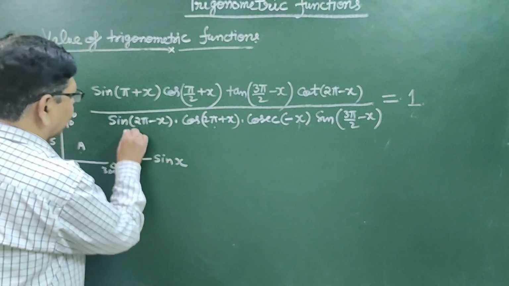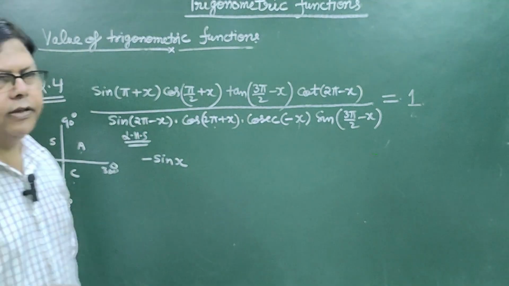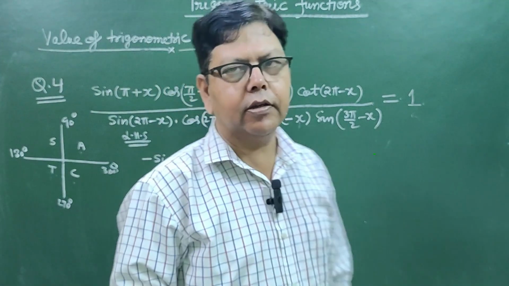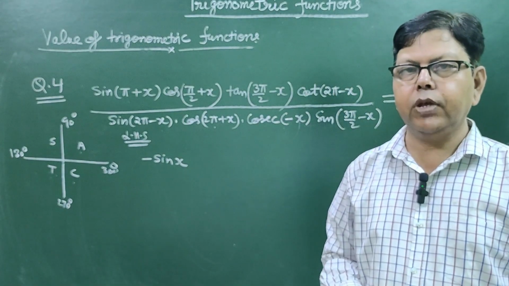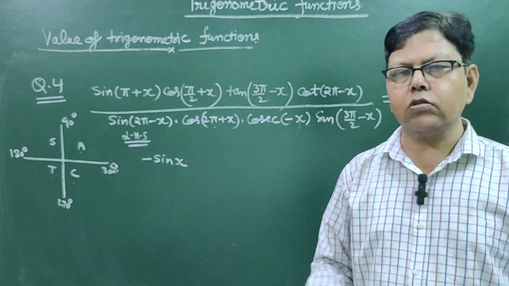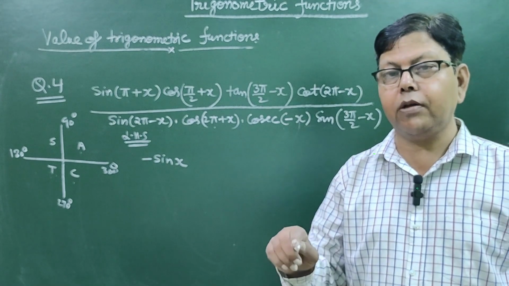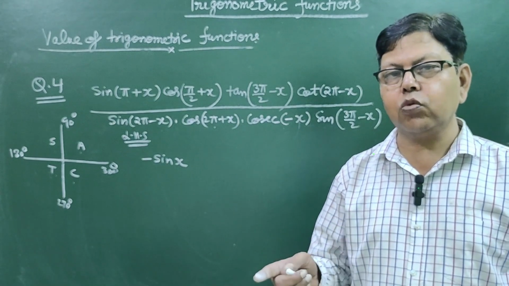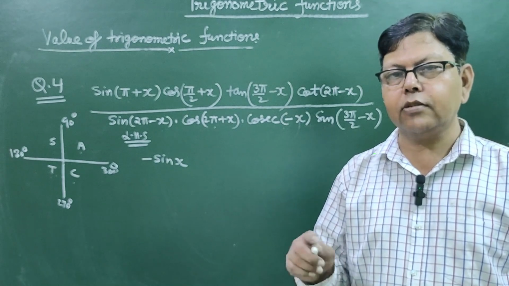And keeping in mind that in case of π and 2π, there is no change in the trigonometric function, meaning sin remains sin, cos remains cos. And in case of π/2 and 3π/2, sin changes to cos, cos changes to sin, and tan to cot and sec to cosec.